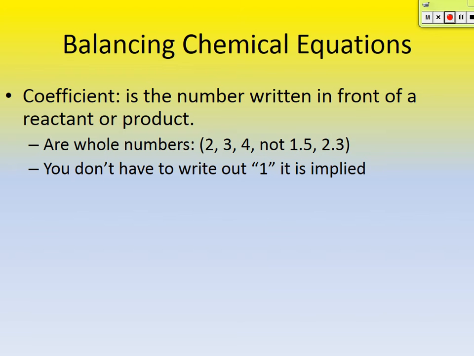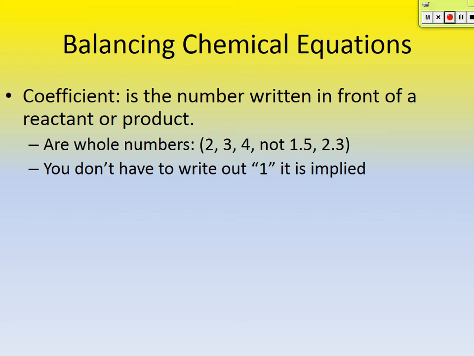Before we start, we've got to know what a coefficient is. In your guided notes, there's a spot for you to write the definition for a coefficient. A coefficient is the number written in front of a reactant or product.